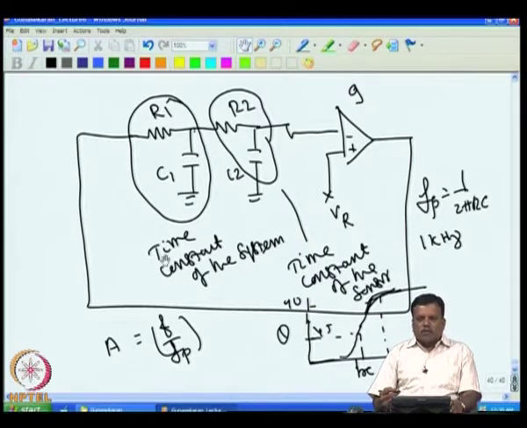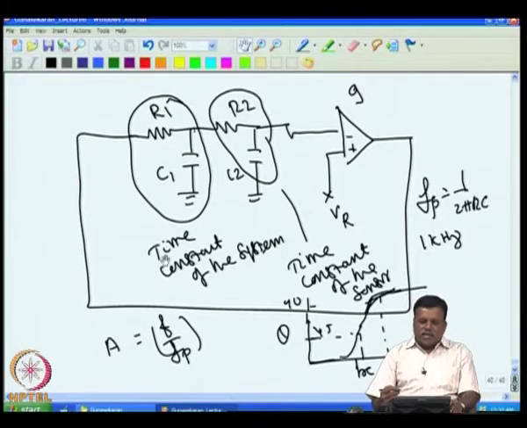That is, any one of the conditions should not get satisfied if you do not want oscillation, in the sense that either the phase shift should not be 360 degrees around the loop, or the gain should be less than 1 around the loop. If any one of them is satisfied, then the system will not oscillate.